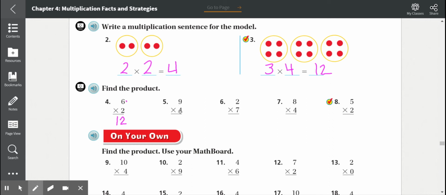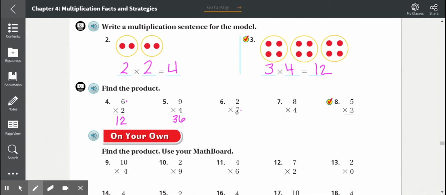9 times 4. Well, let's do 9 times 2 first. 9 times 2 is 18. So then we would have to do 18 plus 18. And 18 plus 18 is 36. So we would know that 9 times 4 is 36. Okay, 2 times 7.